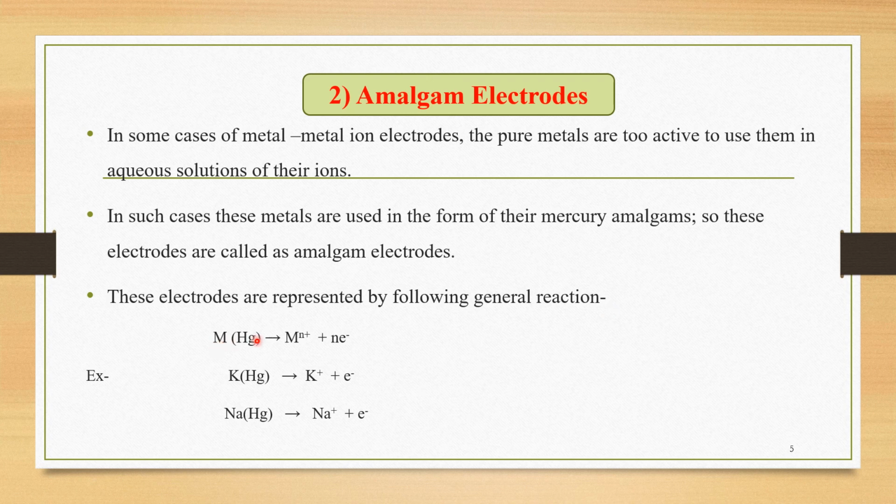Metal with mercury, that is a metal amalgam, gives M n plus and n electrons. For a specific example, K along with Hg, that is a potassium amalgam, gives K plus and 1 electron. The second example is a sodium amalgam, which gives Na plus and 1 electron. So this is the second important type of electrode, called amalgam electrodes.